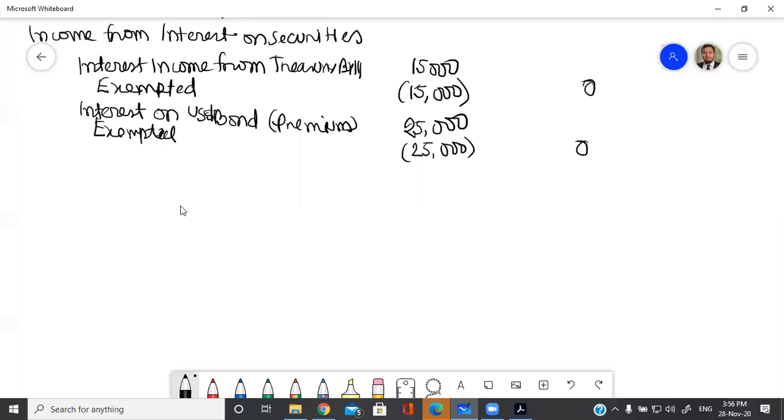For those expatriates, this kind of bond has been particularly issued by the government. Okay. One motivation from the government side for issuing this bond is to encourage the expatriates to remit more money to the Bangladesh economy, sending more remittance, not only by sending income to their family, but also by purchasing bonds issued by the Bangladesh government.